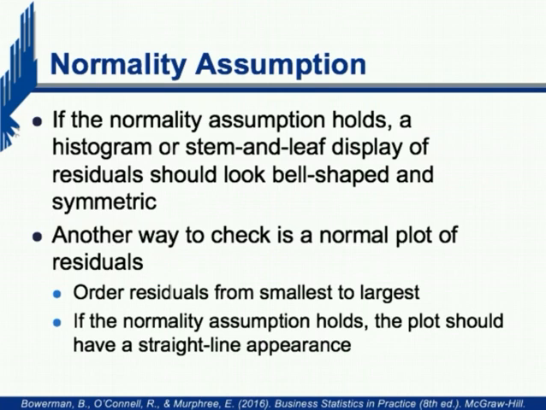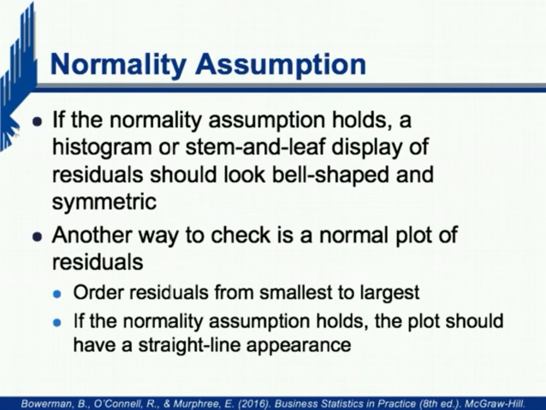Now, for the normality assumption, we can check the histogram or the stem and leaf display of the residuals. If the residuals look bell-shaped and symmetric, then we can say that the normality assumption is satisfied. Another way to check if the normality assumption is satisfied is through the normal plot of the residuals.